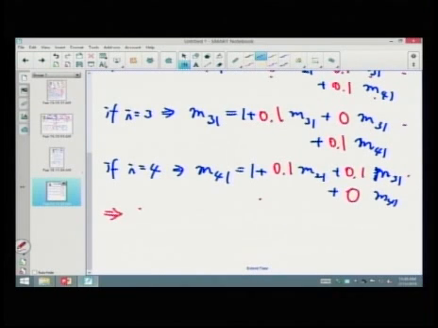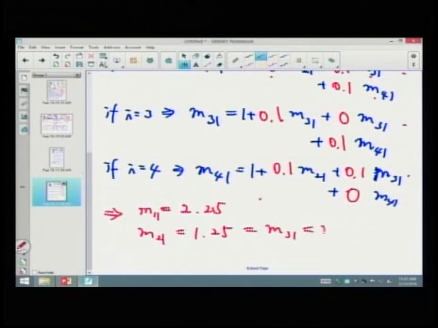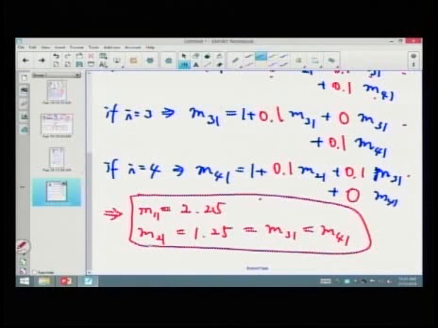So I got m sub 11 is 2.25. m sub 21 is 1.25, which is the same as m sub 31 and m sub 41. Okay, but please double check this. Make sure you got the same values as mine.